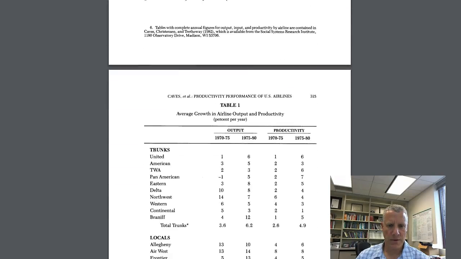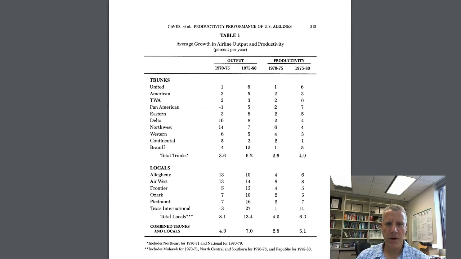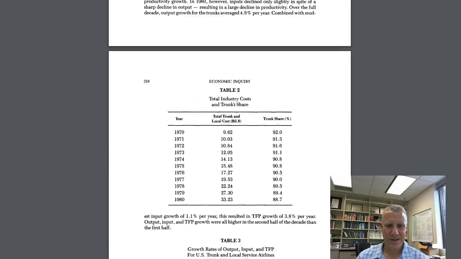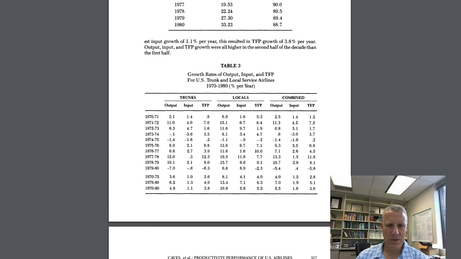There's some econometrics. Actually, here's a better list of the airlines. The trunks: United, American. Locals: Allegheny, Air West. And then there's some other things. So you don't need to read the paper.